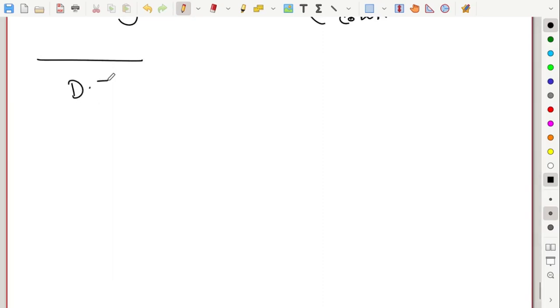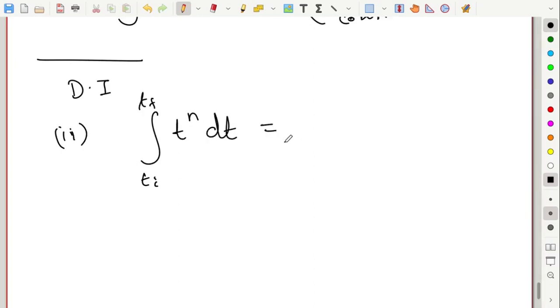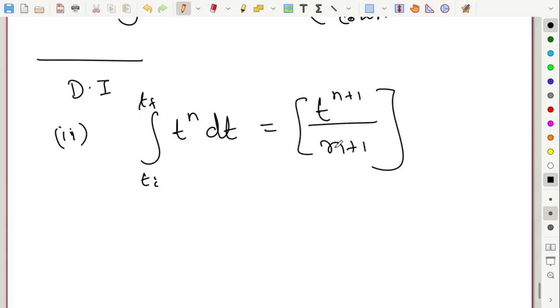So I will give the first one under definite integral. The second formula is the integral of t power n dt from ti to tf. If it is like this, you have to integrate it as t power n plus 1 divided by n plus 1 within the limit of ti to tf. This is for the definite integral.